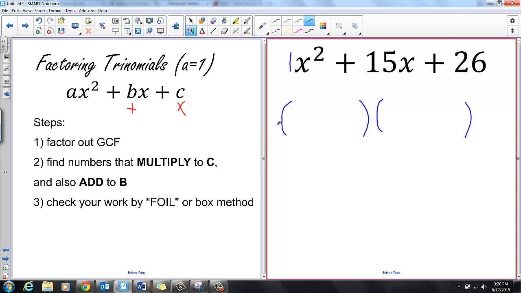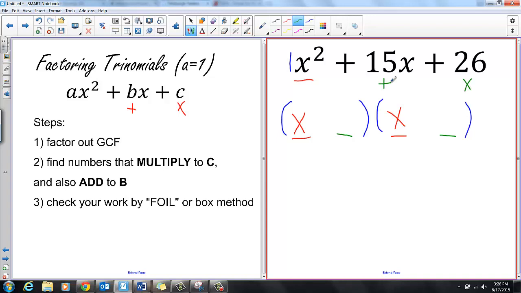And we want to think to ourselves, this first term multiplied by the second term has to give me x squared. So I know that can only be x times x. And these second two terms need to then multiply to 26, but add to 15.